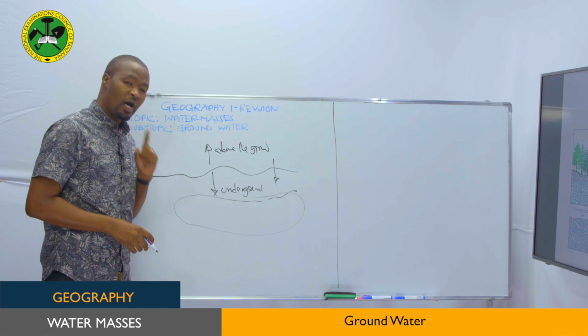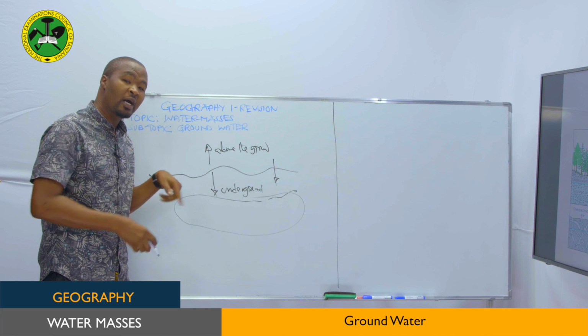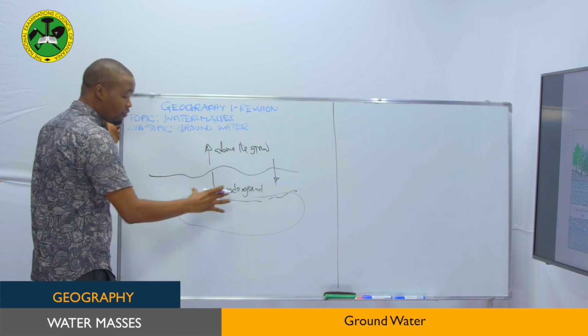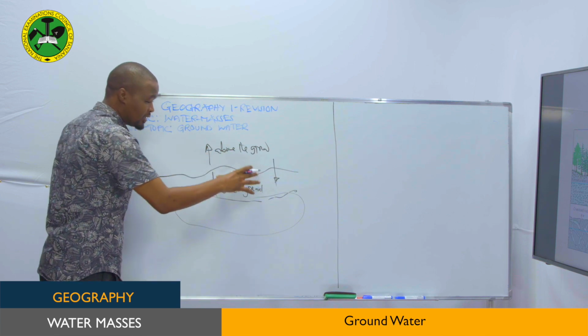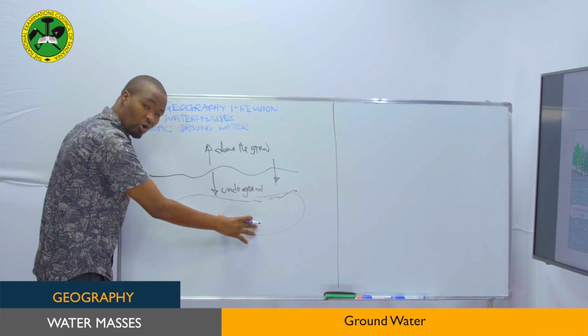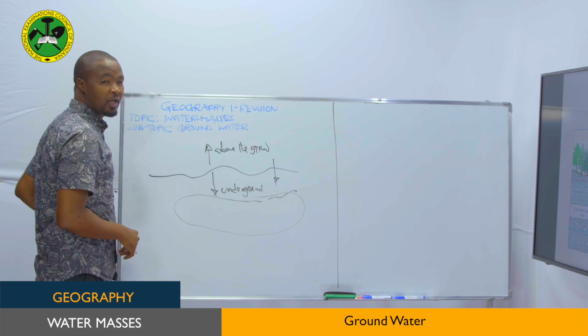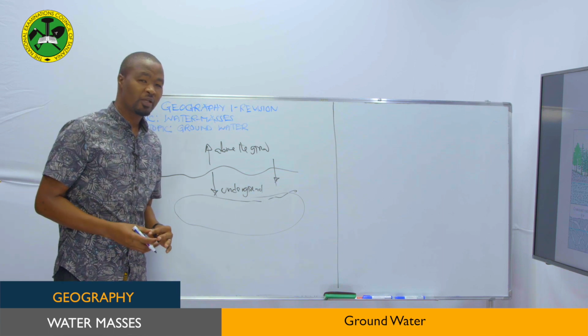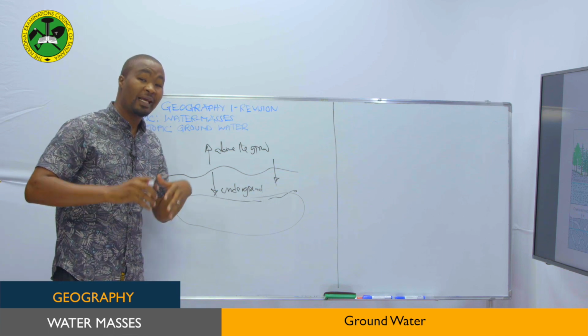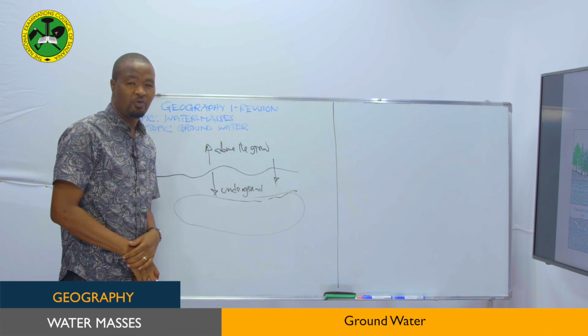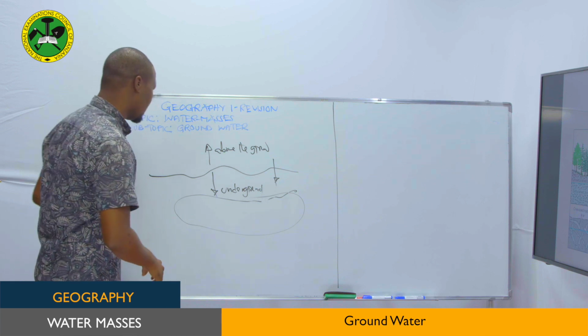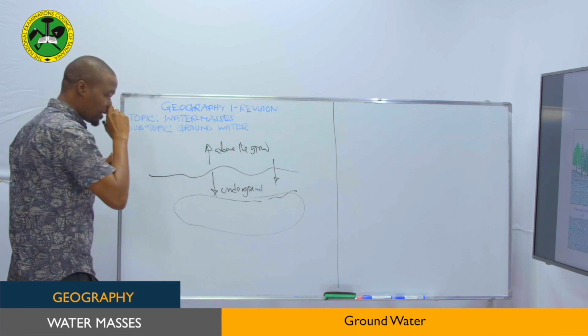That's why we said underground water refers to the amount of water below the earth's surface. As you can see, this is the earth's surface. In a very simple way, it refers to the amount of water that has saturated the rock inside the earth. That is the definition of underground water.